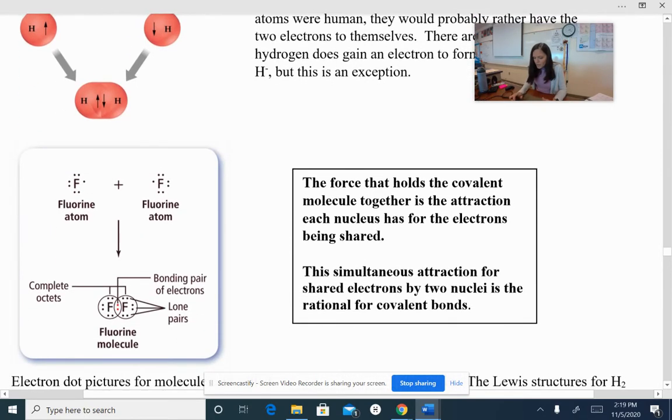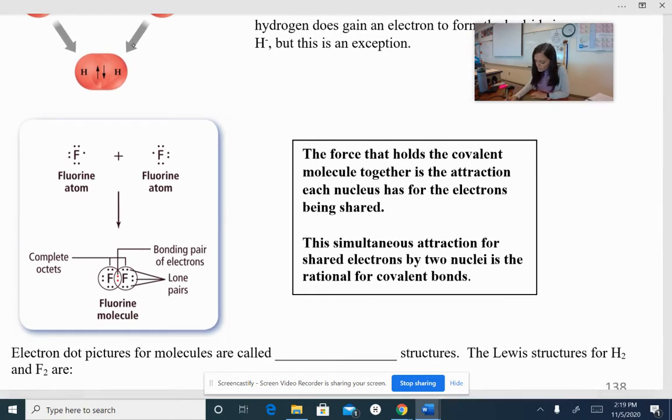So, the force that holds the covalent molecules together is the attraction each nucleus has for the electrons that are shared. Those shared electrons are going around both nuclei, and that is what keeps those 2 atoms together. This simultaneous attraction for the shared electrons by both nuclei is the rationale for covalent bonds.